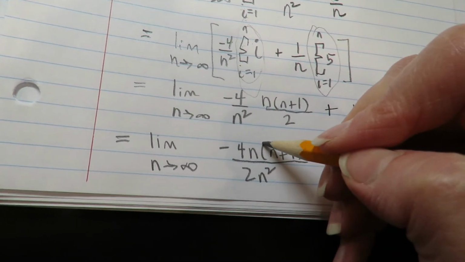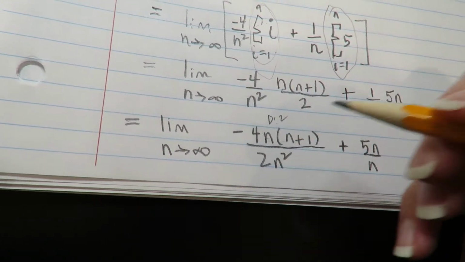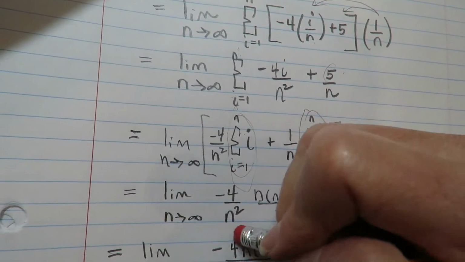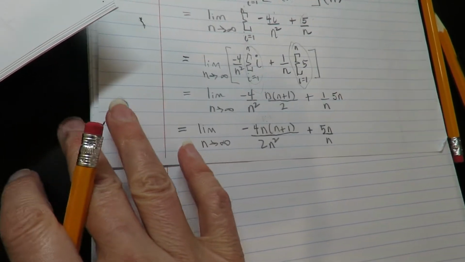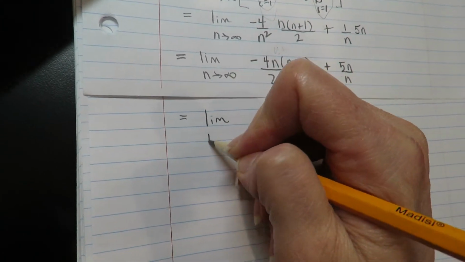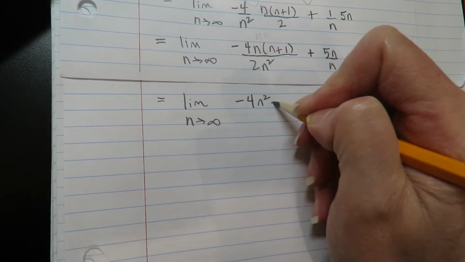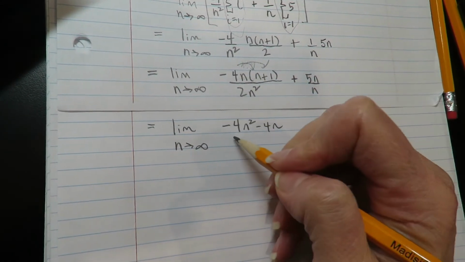So the degree of this numerator is 2. Oh, maybe I will do a little bit of work here. This just took me a second to distribute, so I just went ahead and did it.